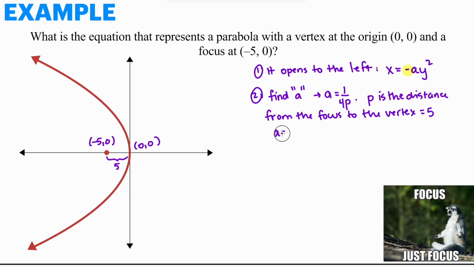So therefore, A equals 1 over 4 times 5, which is 1 over 20. And so therefore, our answer is going to be x equals negative 1 over 20 y squared.